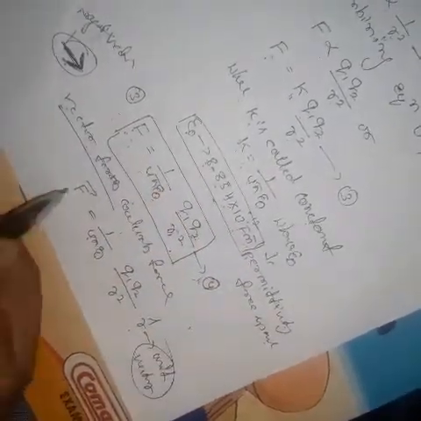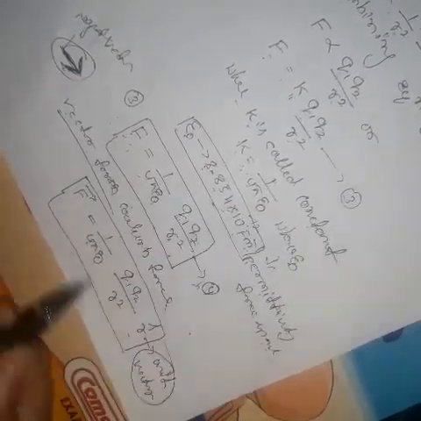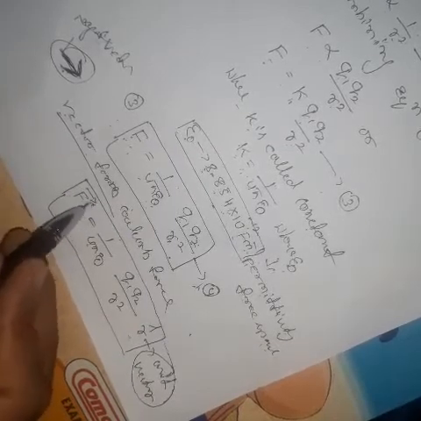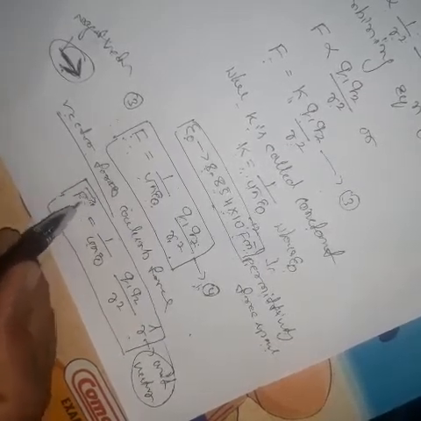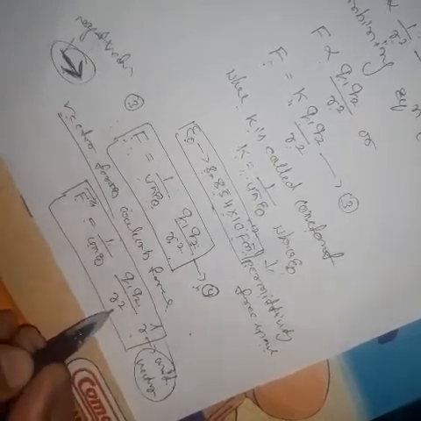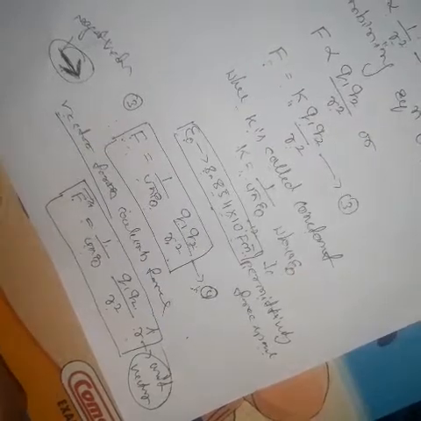This equation is the vector form of the Coulomb force: vector F is equal to constant Q1 Q2 by r square r cap.